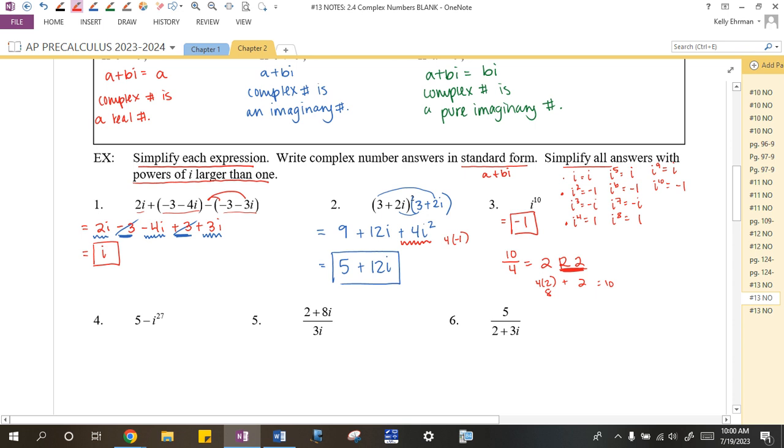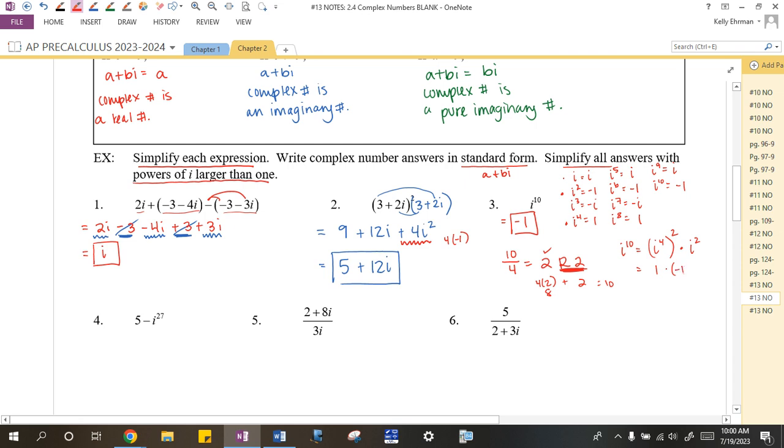More formally, what you're doing is saying i to the 10th is the same as i to the 4th raised to the second power, and then multiplied by an extra i squared. So check the math on that. Is that right? i to the 10th is i to the 8th times i squared. Yes. i to the 4th is just 1. Squared is still 1.